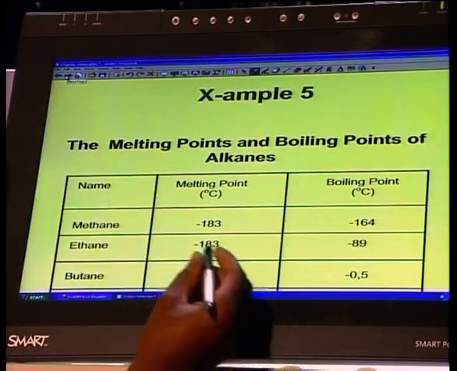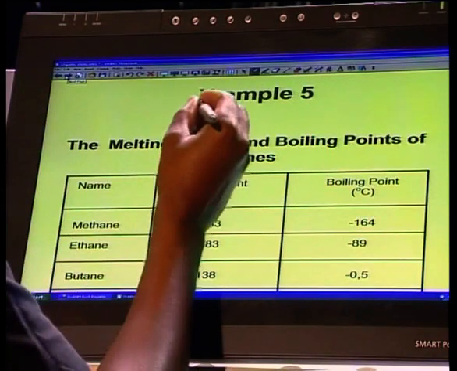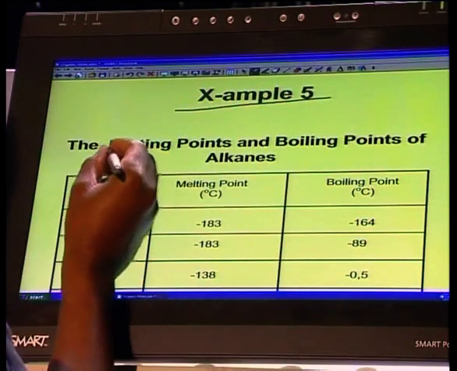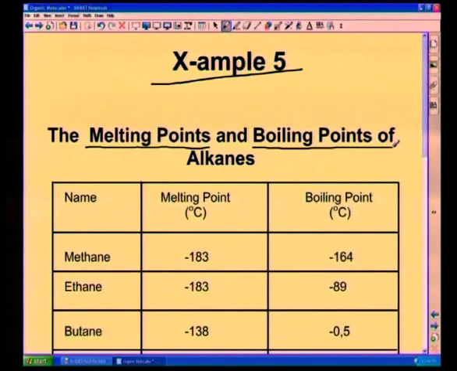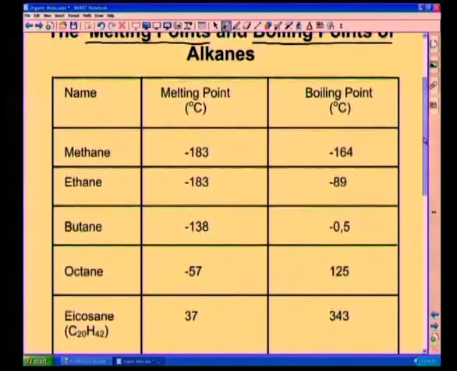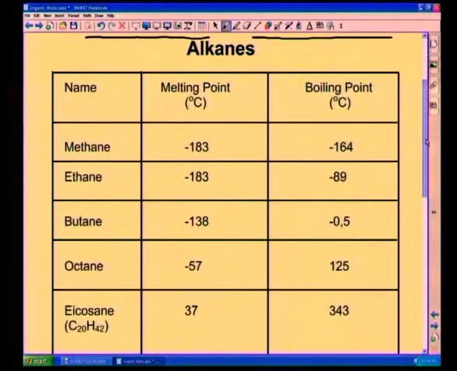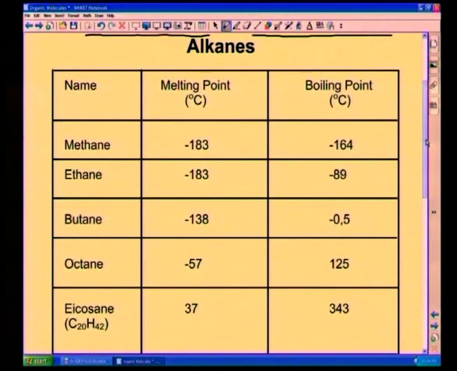Okay, now let's look at example 5. Under example 5, we're looking at melting points and boiling points, MPs and BPs. Now, if you look at this table here, we're specifically looking at alkanes. Methane melts at minus 183 degrees Celsius, and it boils at minus 164 degrees Celsius.